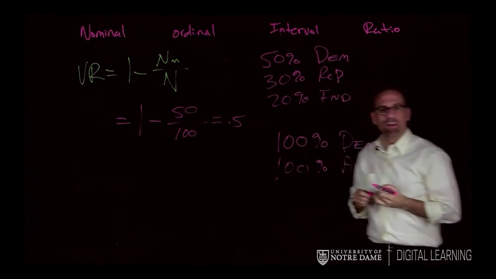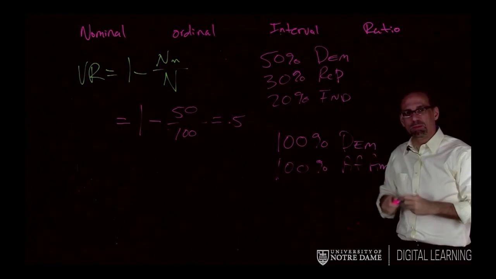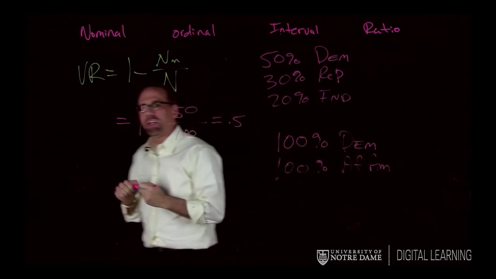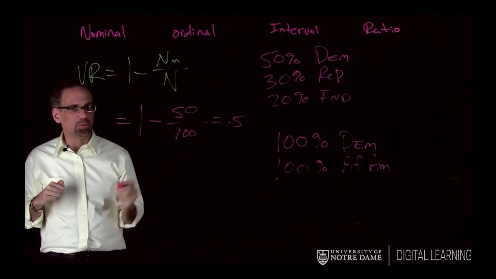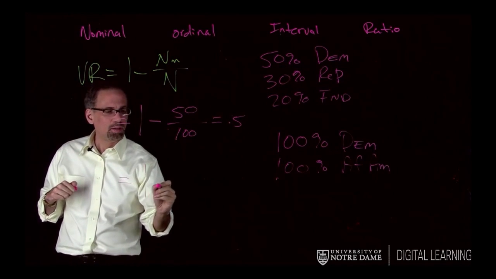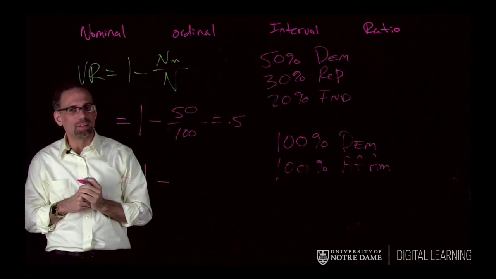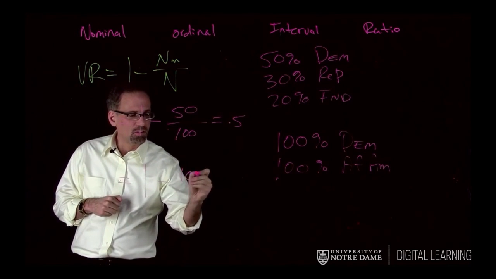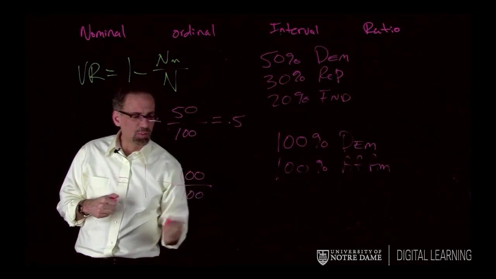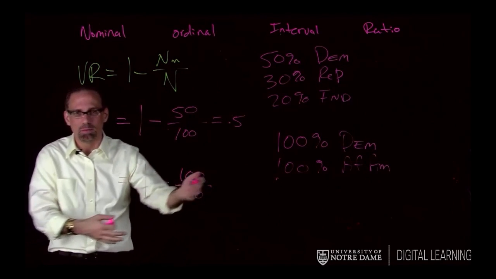Now, under those circumstances, it doesn't seem quite as crazy that everybody would have voted for Obama. What's the variation ratio in that situation? Well, the variation ratio wasn't 0.5. It actually was 1 minus the number in the modal category, which is 100, divided by the total. I'm using percentages here, but it would work out exactly the same as if we had the numbers.